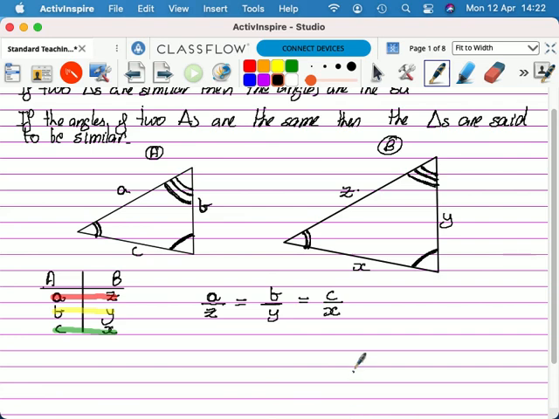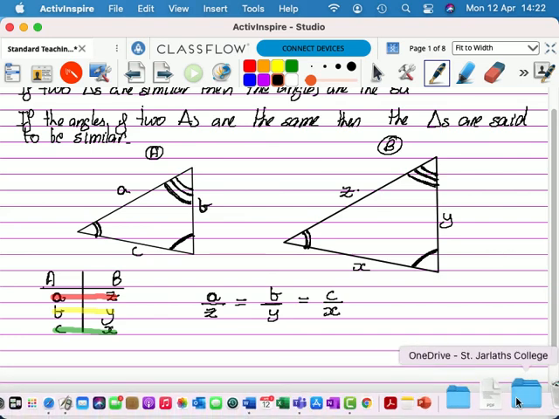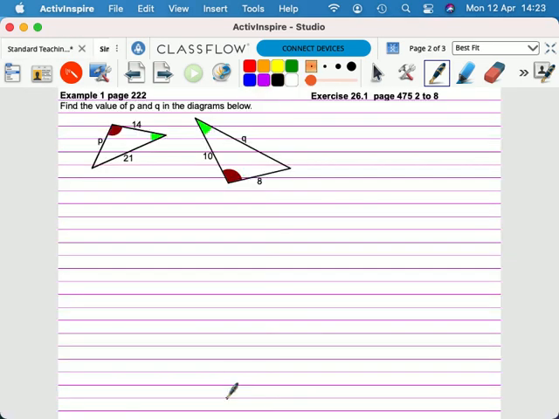Now, what I'm going to do is go straight on to the example. First of all, you're presented with 2 triangles in the exam. You're told that the purple coloured angle matches identically the purple coloured angle in the other triangle.